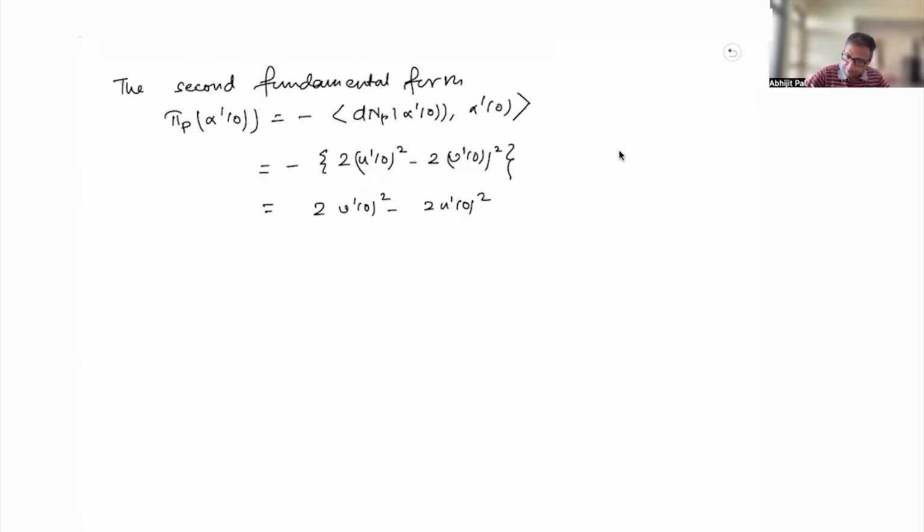So this is of the form L du square plus 2M du dv plus N dv square, that is, minus 2 du square plus 0 du dv plus 2 dv square. Therefore L is equal to minus 2, M is equal to 0, and N is equal to 2 here.